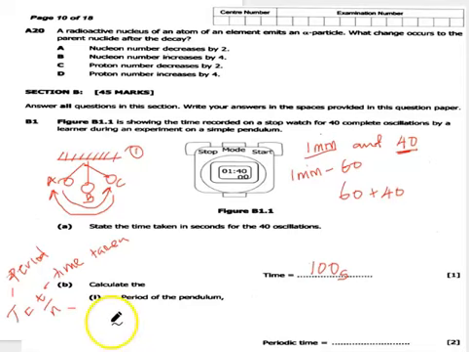So we are going to use this formula. Period is equal to time taken over the number of oscillations. The time taken we have is 100, over the number of oscillations, which were recorded as 40.